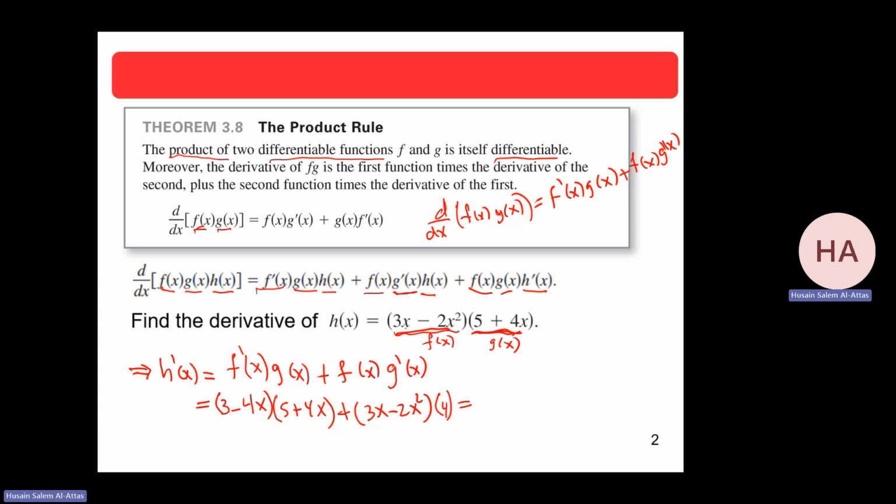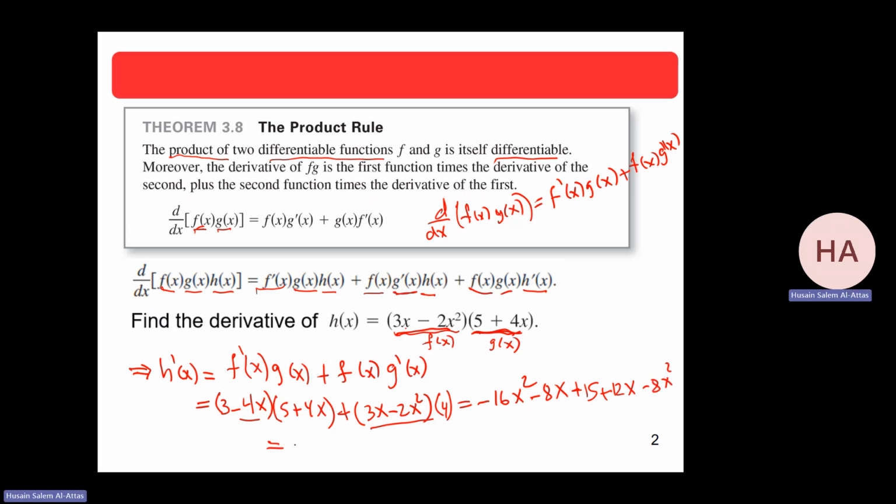Now do the calculation. I have what? Minus 16x squared. This times this, I have minus 20 plus 12, that is minus 8x, minus 20x plus 12x, minus 8x plus 15. Now do the product here, plus 12x minus 8x squared.